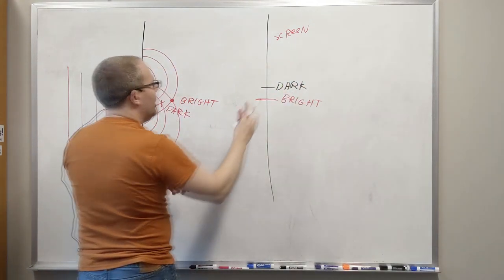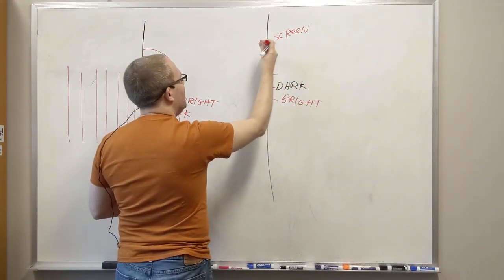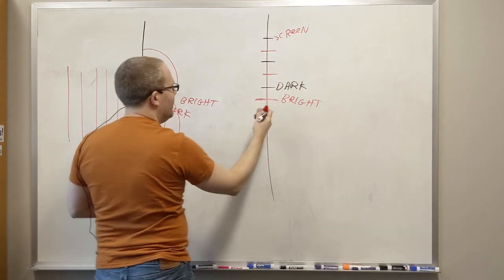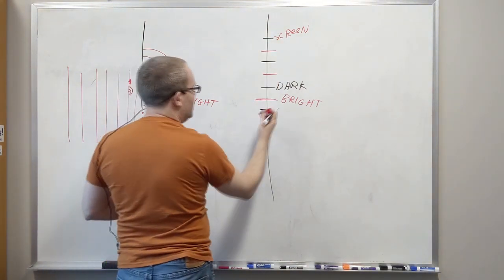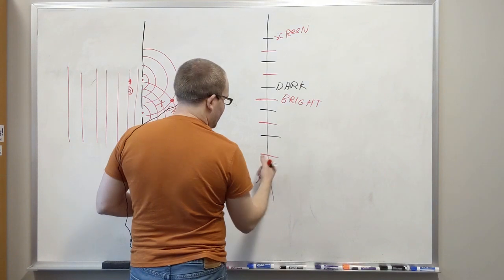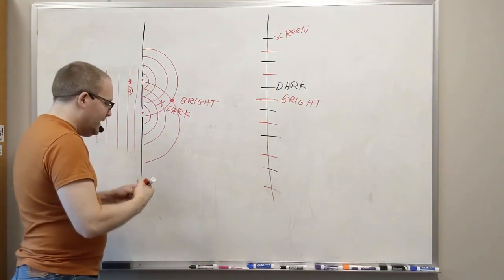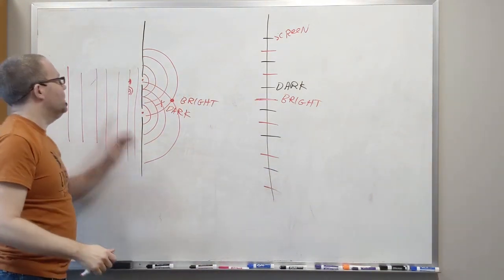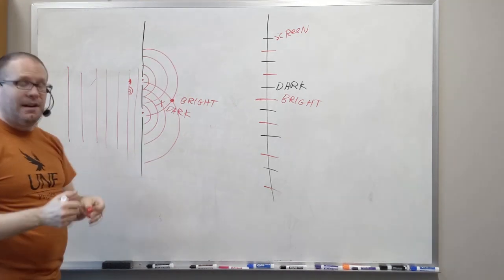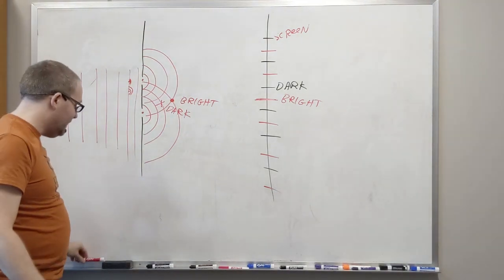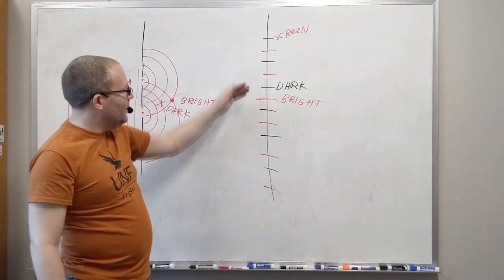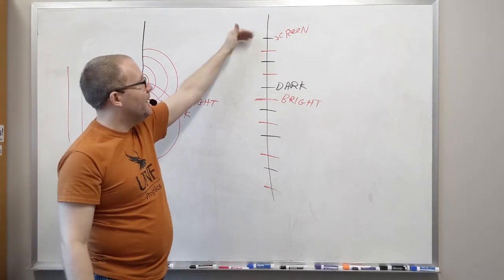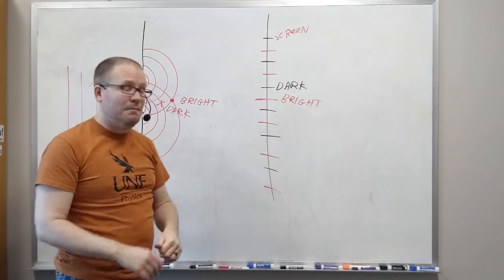You'll end up with another bright here, another dark here, another bright here, another dark here, and then it repeats down this way. And so if you send stuff at the double slit and you get this pattern of bright, dark, bright, dark, bright, dark, the thing must have been a wave.